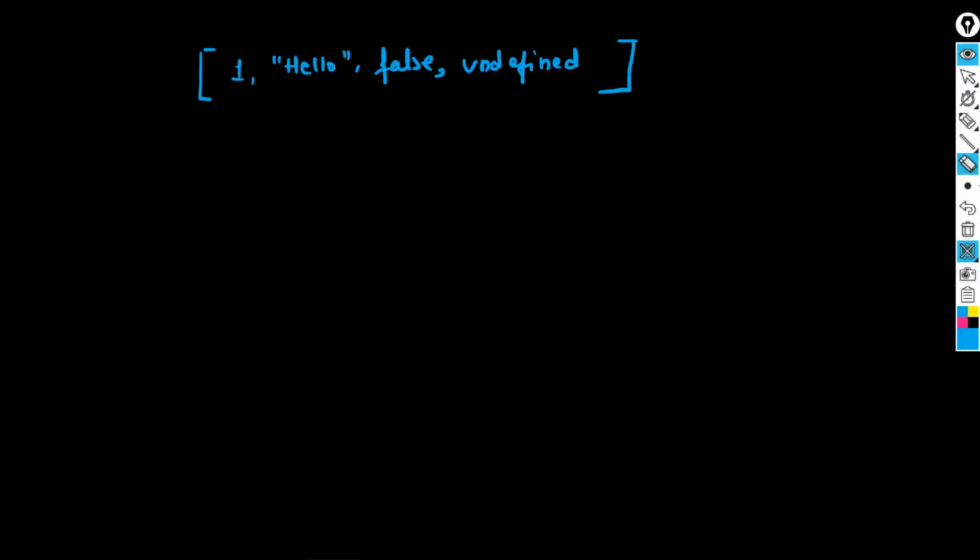You can write it with let arr, which is array, is equal to, and you can name it anything. This is just a variable name. I can name it superwoman: let super is equal to anything.